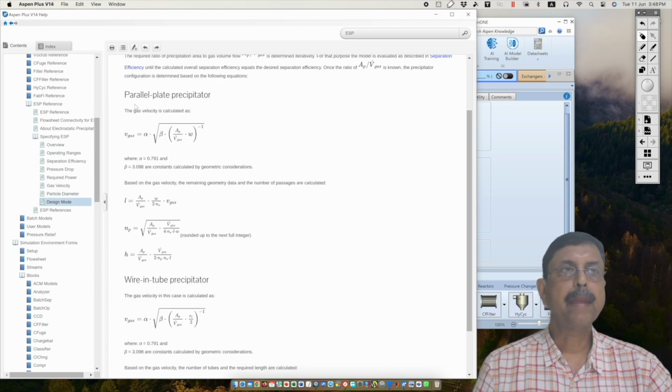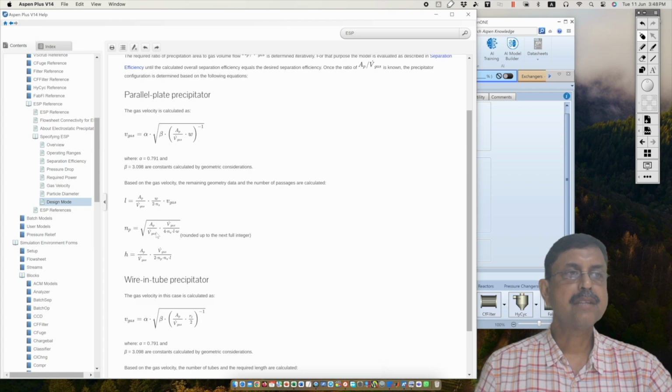If you use a parallel plate precipitator, then V gas will be calculated based on this equation where alpha is equal to 0.791 and beta is equal to 3.098. And these constants are calculated by geometric considerations. So that's how the V gas is calculated.